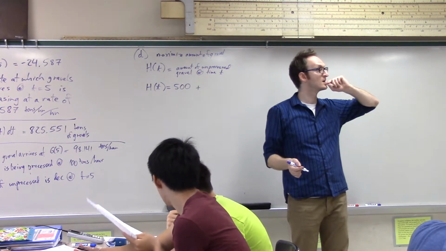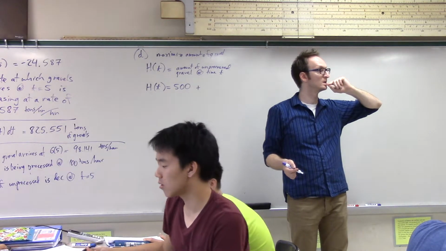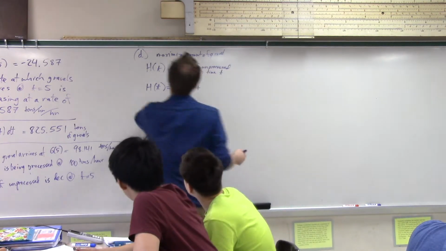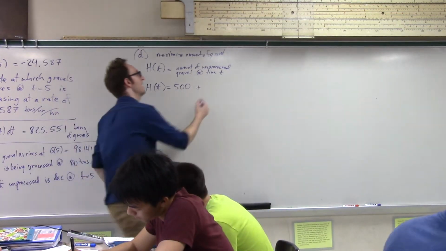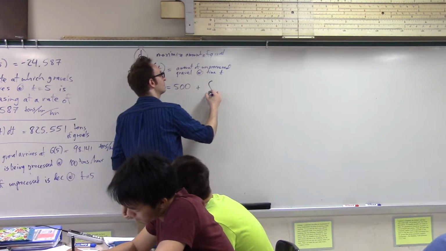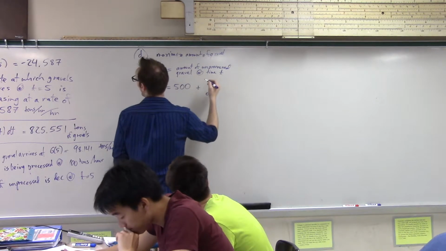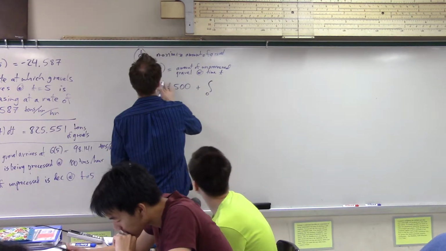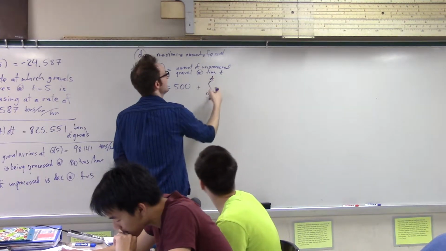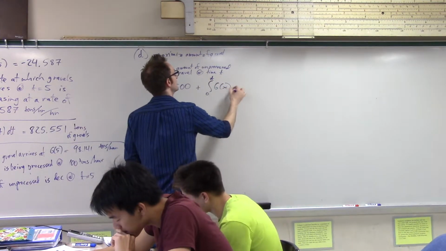Just like the integral from 0 to t of g of t. Yeah, so there's this much gravel at the beginning, and then we take the integral from 0 to t of g of x, right?